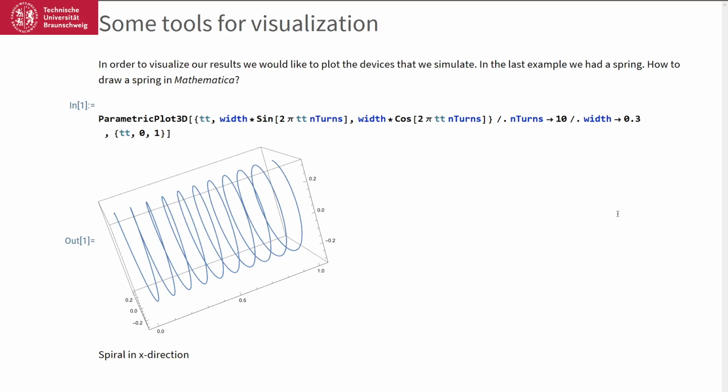Now let us think how we in Mathematica would do this. A spring, in essence, would be a spiral. In the normal plane you have a circle function that you can write as a sine and a cosine.